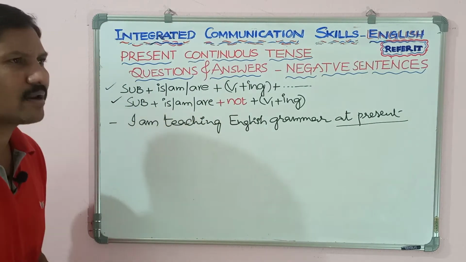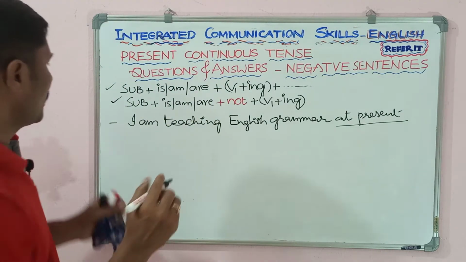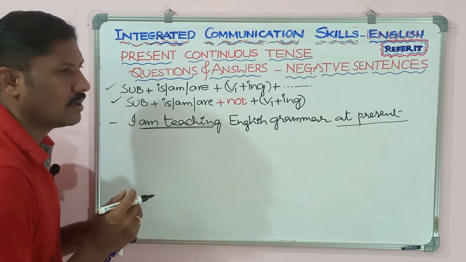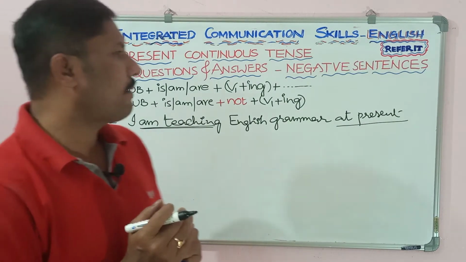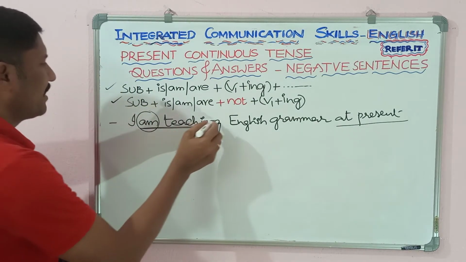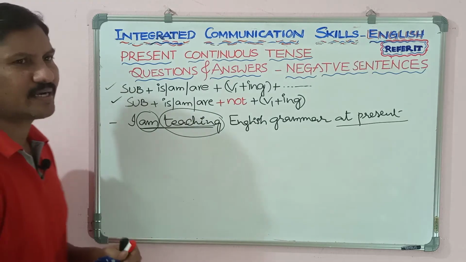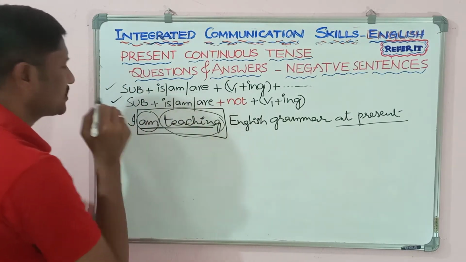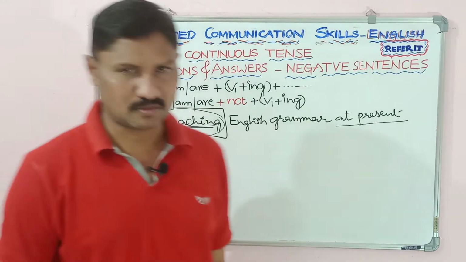And what is the verb here? Find out the verb first. So I am teaching, this is the verb. Somebody says that am is the verb and somebody says teaching is the verb. No, it's not correct. Am teaching is the verb in this sentence.